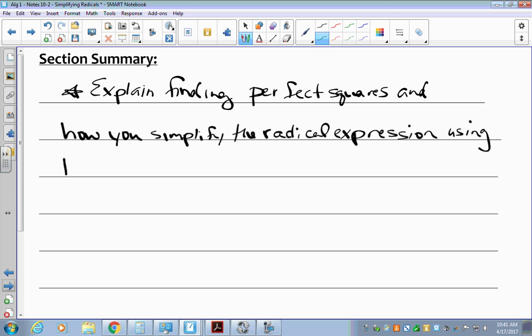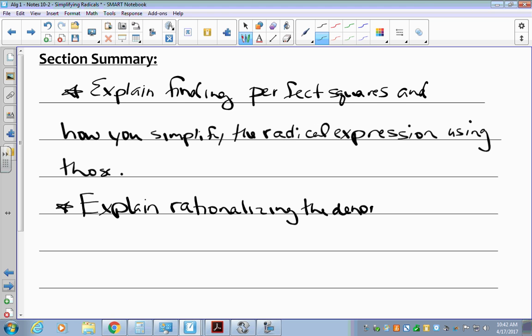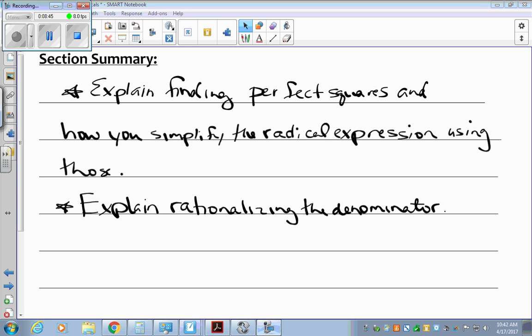Using those, that's like 3 sentences right there. Explain how to rationalize the denominator. And then I am happy with what you guys got going on.